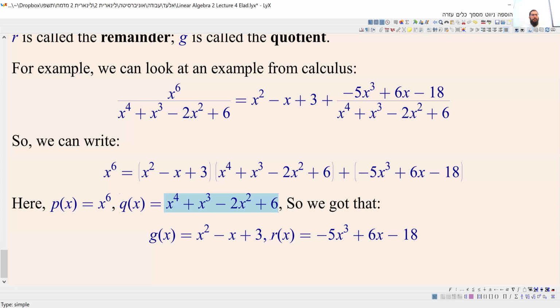Is the remainder also considered a polynomial? Yes, they're all polynomials here. It can sometimes be a constant one. And when the polynomial P is actually divisible by Q, then the remainder is 0. But there is a remainder still.